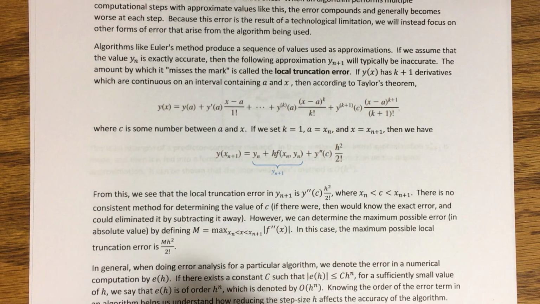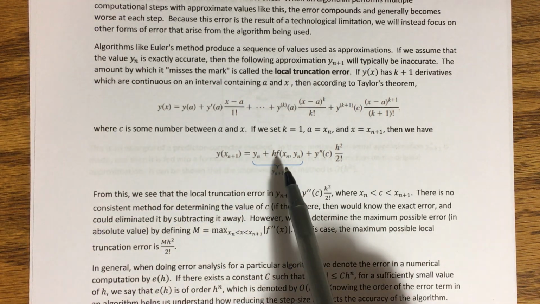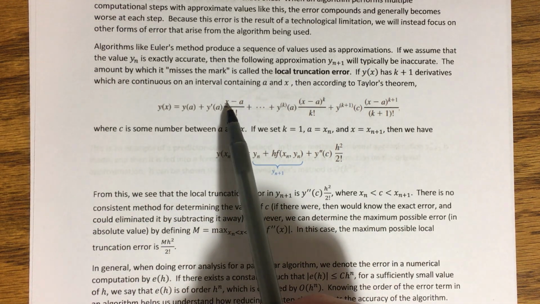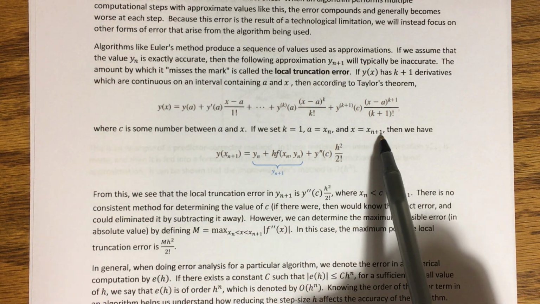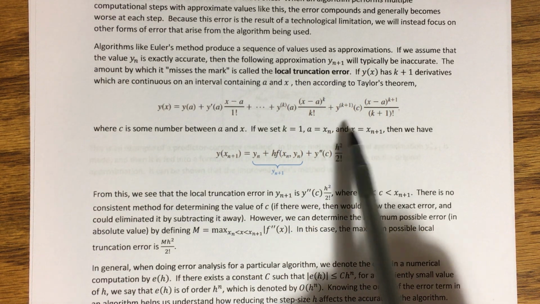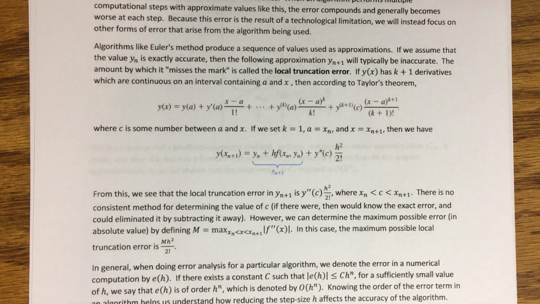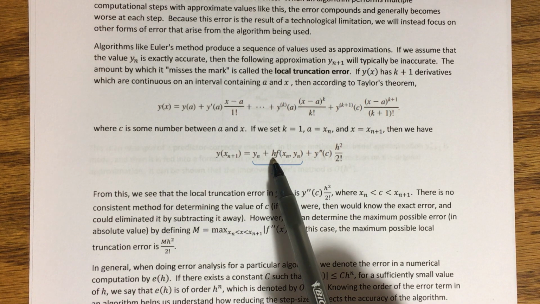Remember, yn is the output that we get from plugging xn into our recursive formula. Then, up here, what is x minus a? Well, x minus a is xn plus 1 minus xn. But the distance between these two numbers is what we define to be our step size in Euler's method. So the difference is that number that we were calling h before.